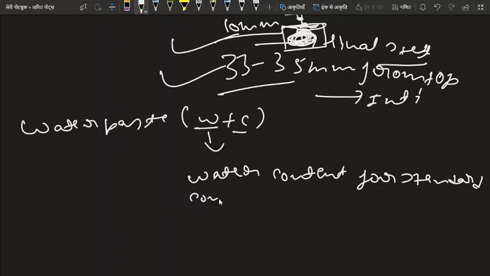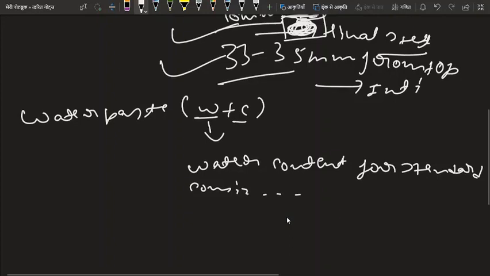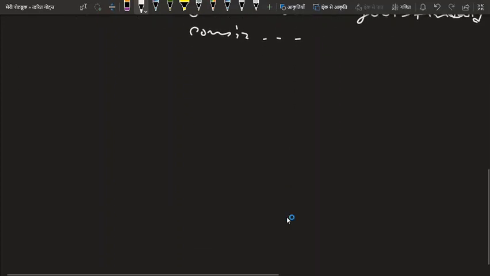The standard consistency test is performed by the Vicat apparatus. Let me note something about the procedure.